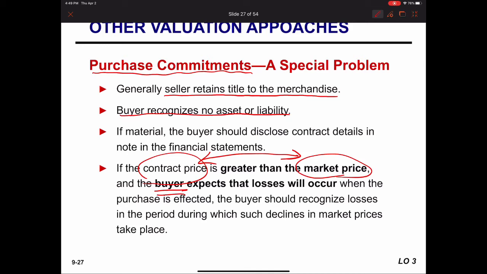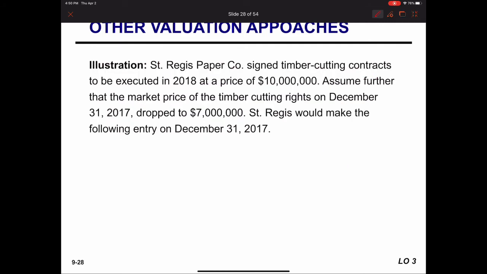So a purchase commitment, just like a future, is used by the buyer to lock the price, but the market price keeps changing, sometimes lower, sometimes higher. In this example, the contract price is $10 million. By the end of the fiscal year of 2017, the market price is $7 million.